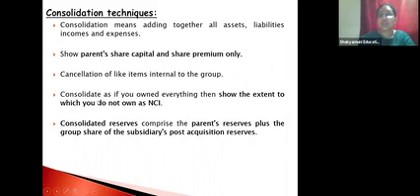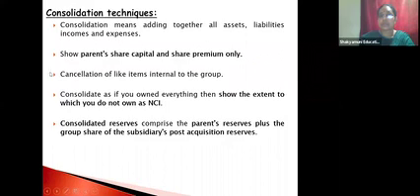Next, consolidate as if you owned everything. That is what I told you in the first point. Consolidate everything, 100 plus 100. Then show the extent to which you do not own as NCI, non-controlling interest.